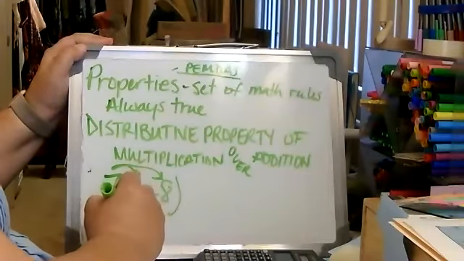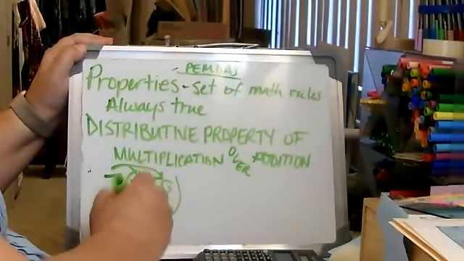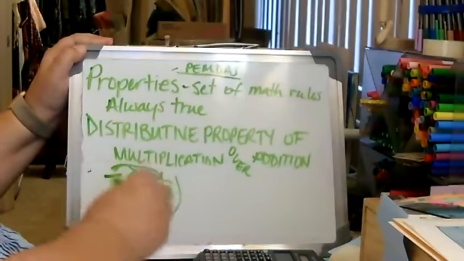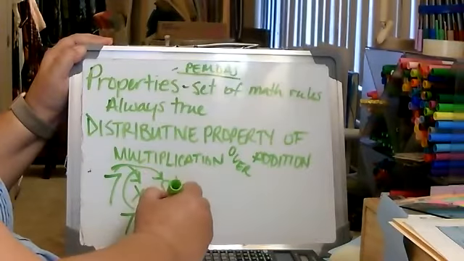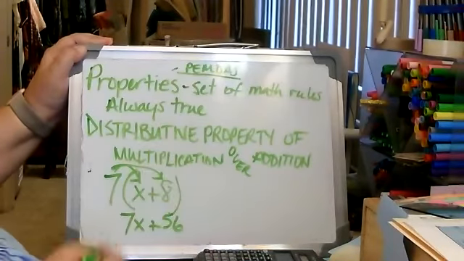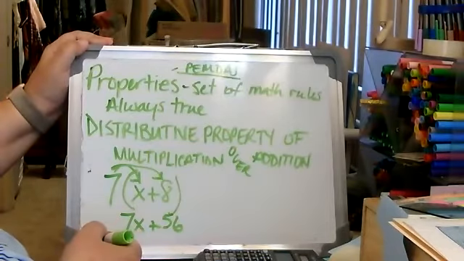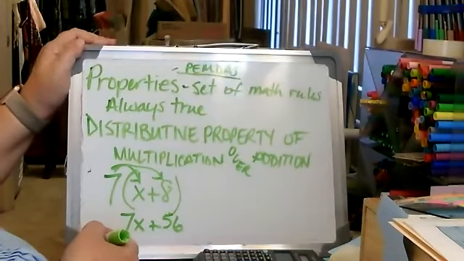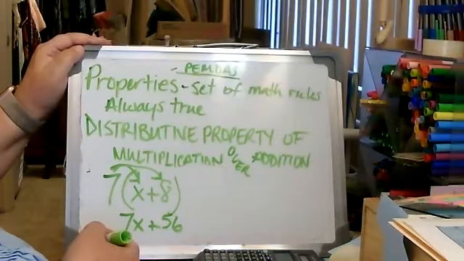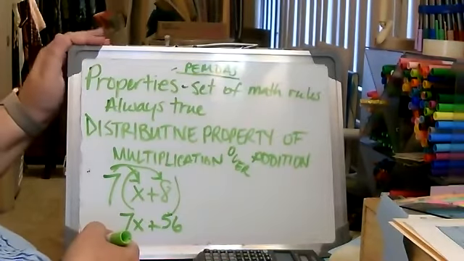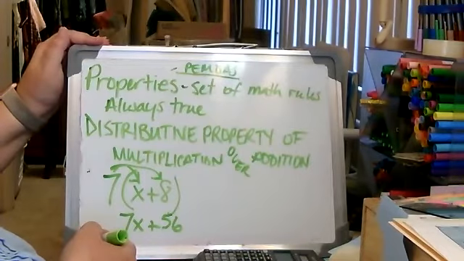So here we have 7x from that first one plus 7 times 8 is 56. And we could solve that out. Not going to do that right now, but we could. So that is the distributive property of multiplication over addition.